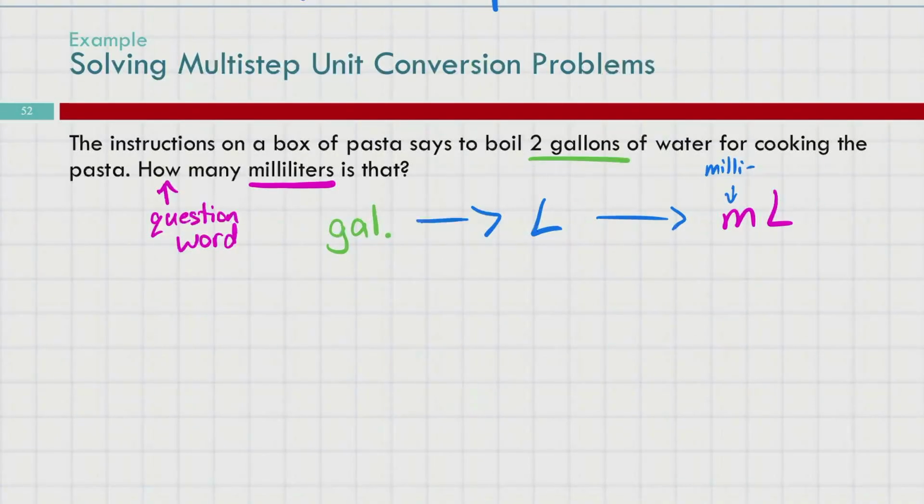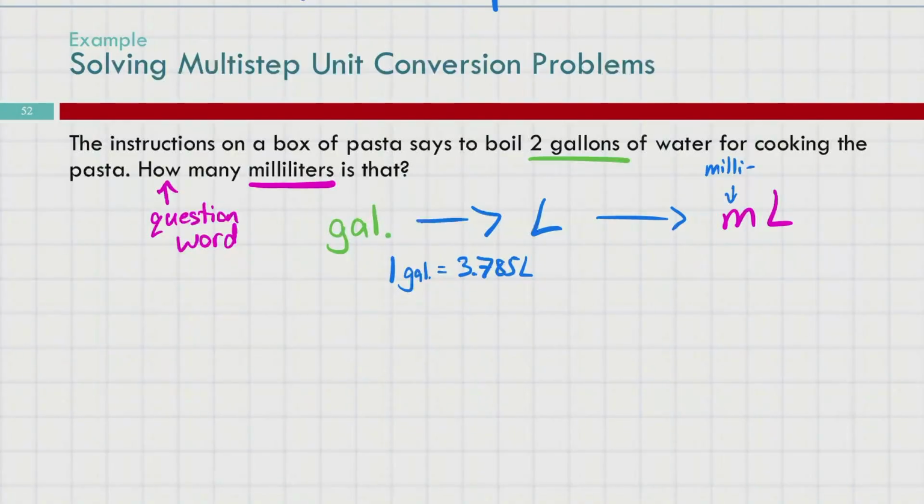There's other ways that you could come up with doing this. You could make it probably 5 or 6 steps if you wanted to. This is, I think, the fastest way to do it. So we find on our yellow sheet, we look in the volume group. That's in the left column or the left set of tables, the second little group down. 1 gallon equals 4 quarts, or 1 gallon equals 3.785 liters.